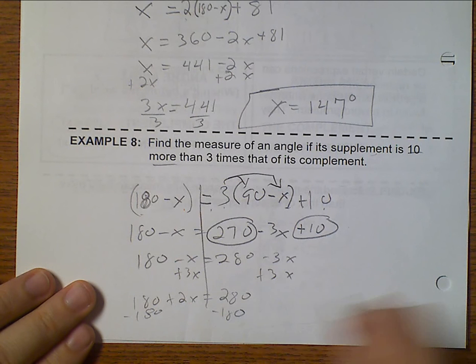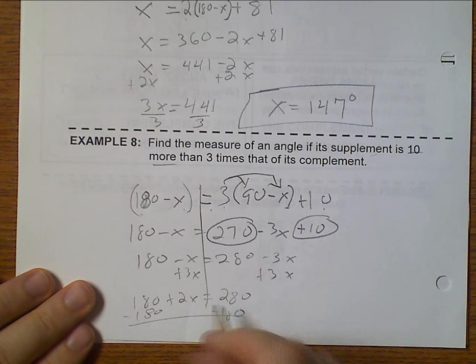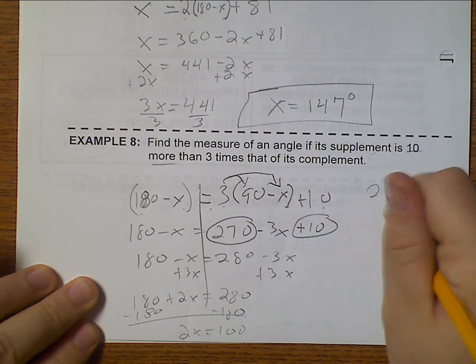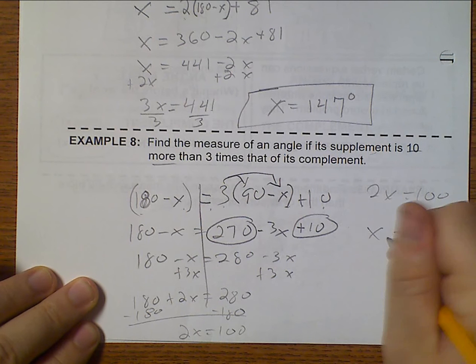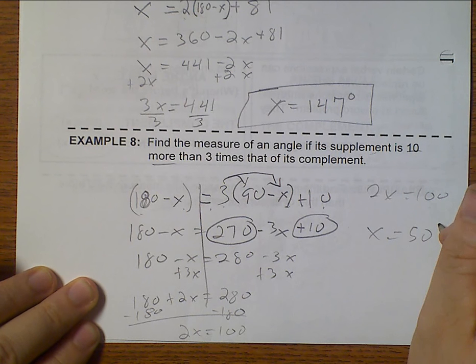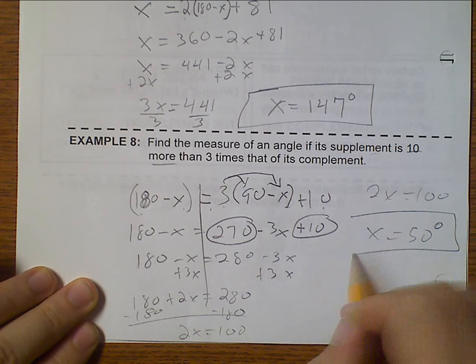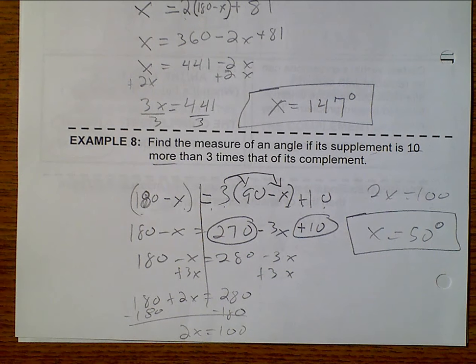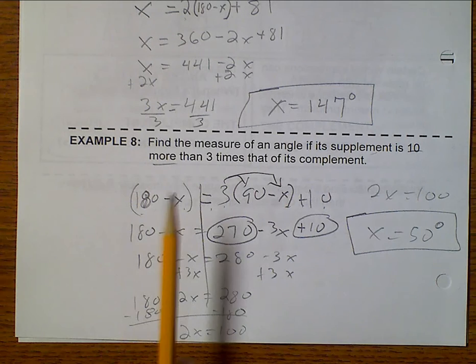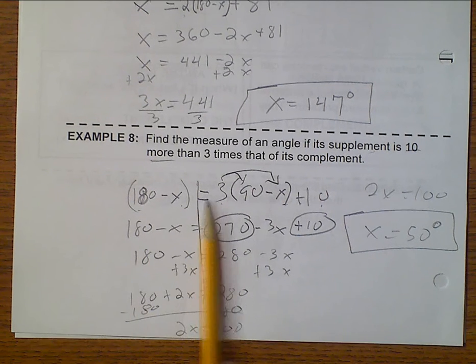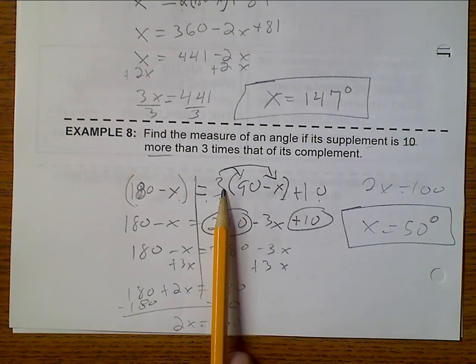Subtract 180, and we get that 2x equals 100. And if 2x equals 100, then x must equal 50 degrees. Again, the supplement is 10 more than 3 times the complement.